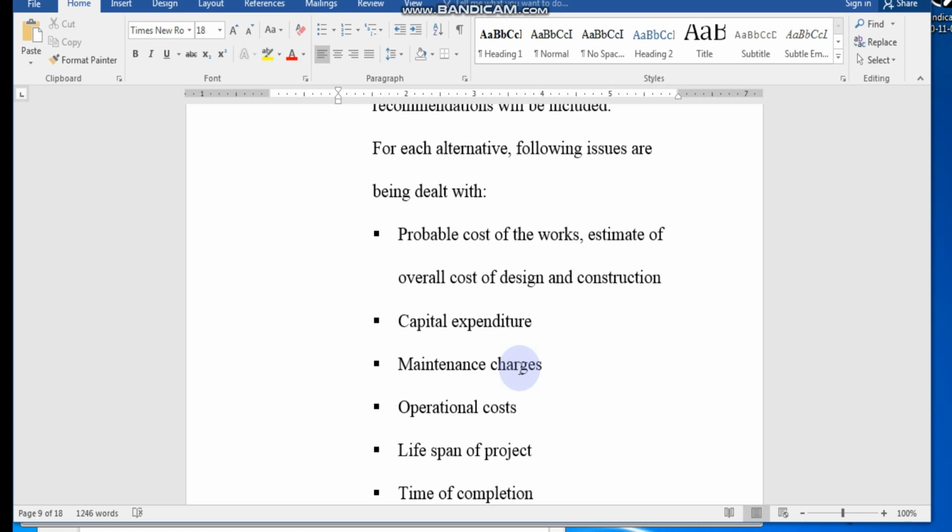And then later on, you do economic studies, because economic studies deal with the whole life cycle of the project, not only the capital cost but also the maintenance and operation costs, you see. And then how long the facilities will last, and over these years, would it bring more benefit compared to cost.